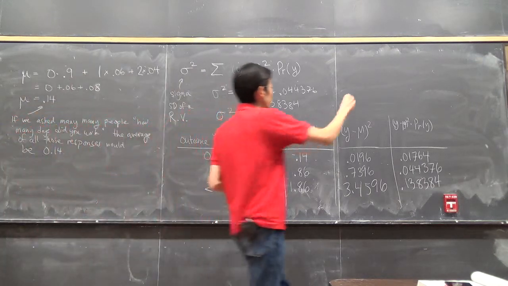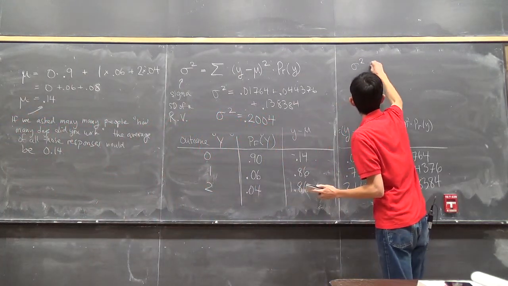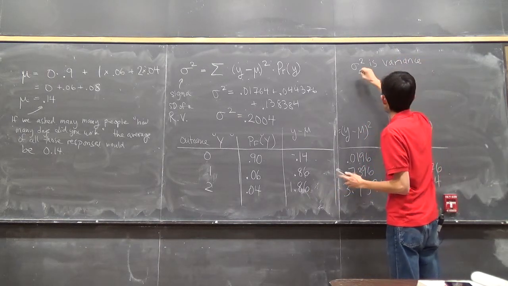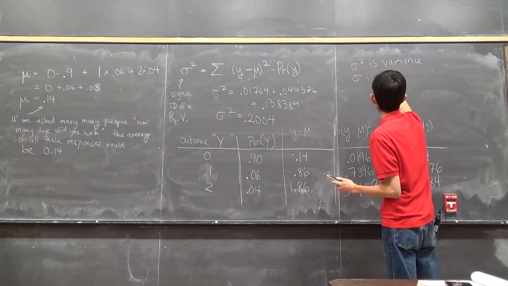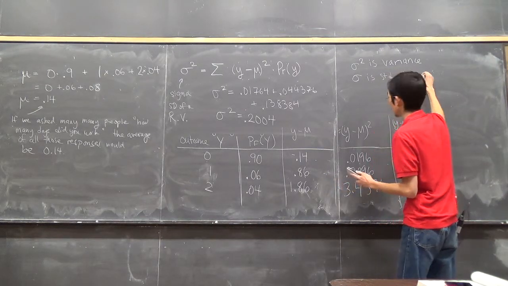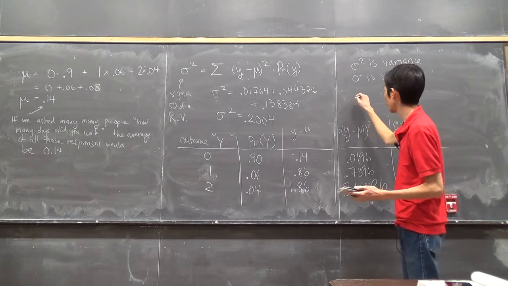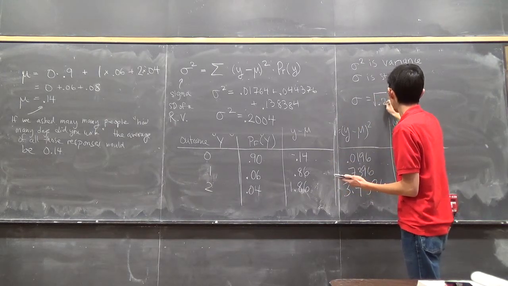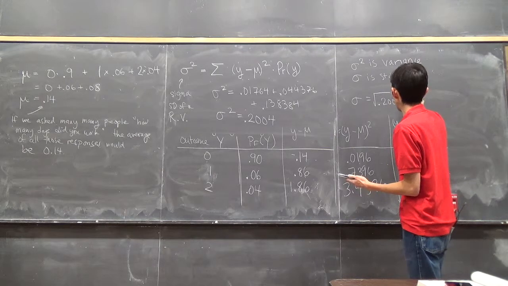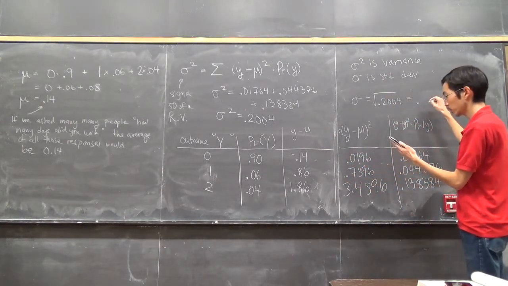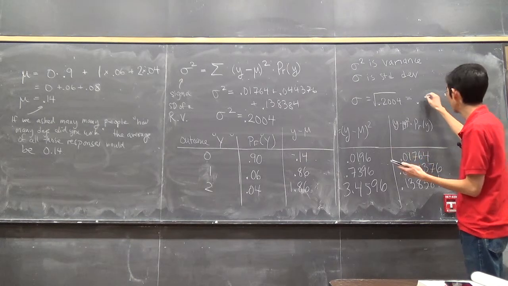So sigma squared is the variance, and sigma is the standard deviation. So if I take the square root of that, sigma would be the square root of 0.2004. Now we get 0.4477.